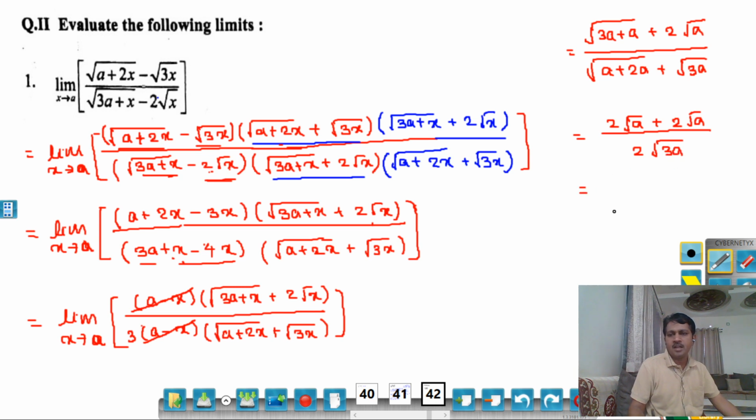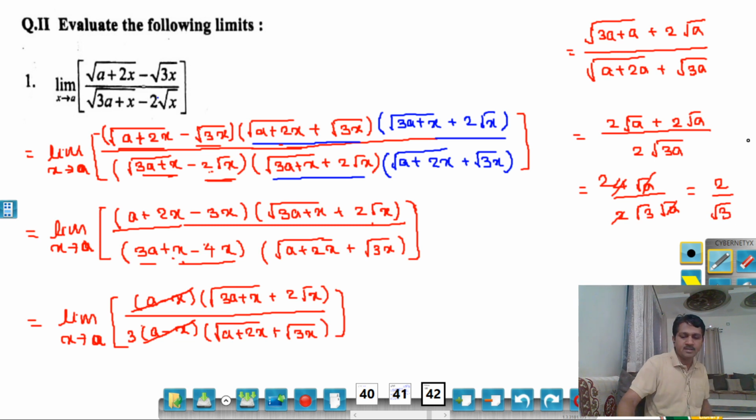The numerator is now 2 plus 2, 4 into root a, divided by 2 into root 3 into root a. So root a cancels. Again you can divide 4 by 2, and simply the answer is 2 upon root 3. We got this simple solution. Let us move further.